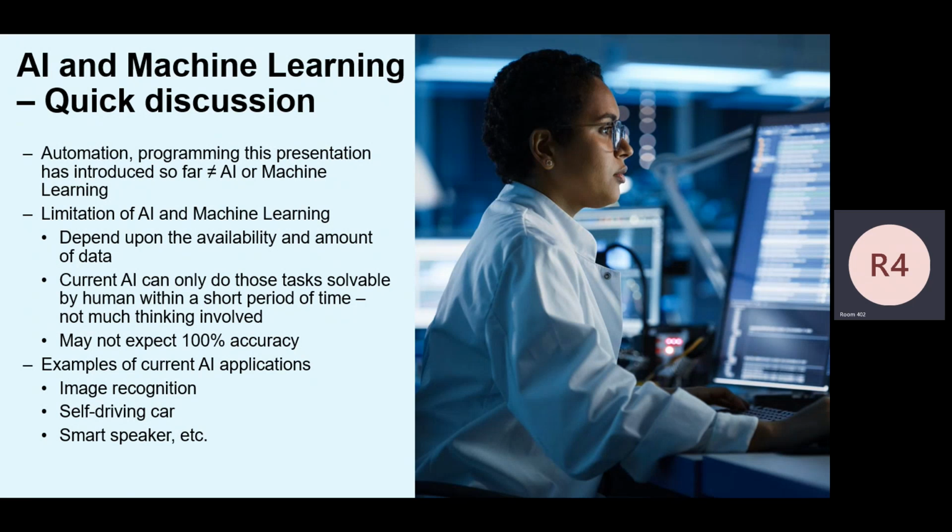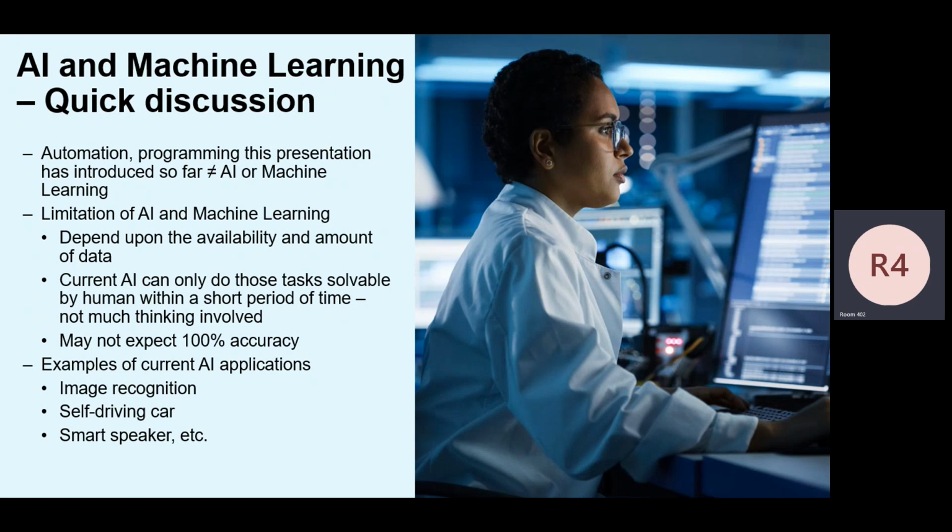I'm not talking about the future, but at this point, creating a learning program depends on the availability and amount of data you have. And the current AI can only do tasks solvable by the human brain.